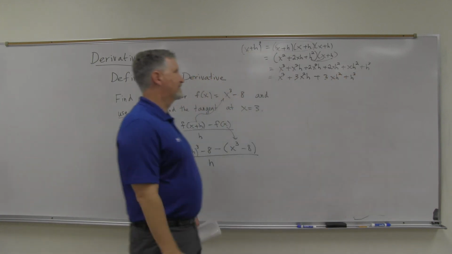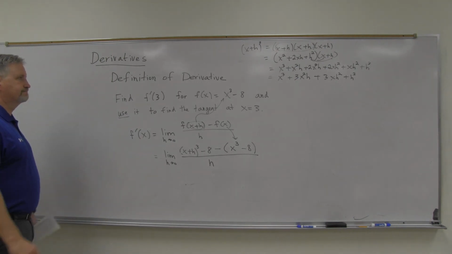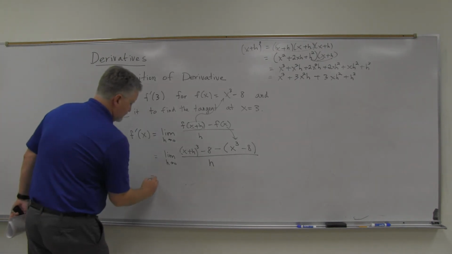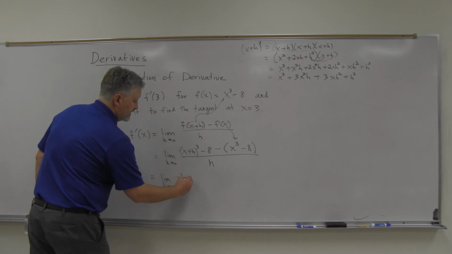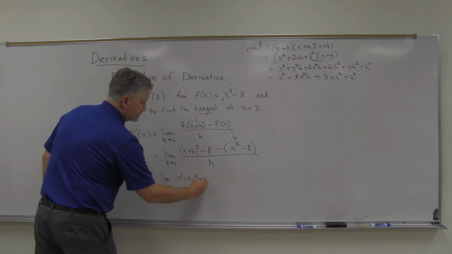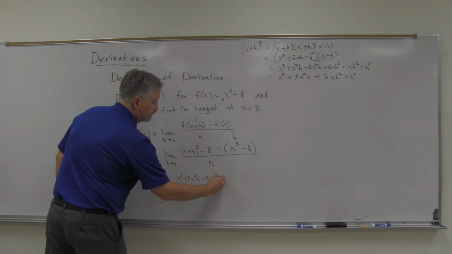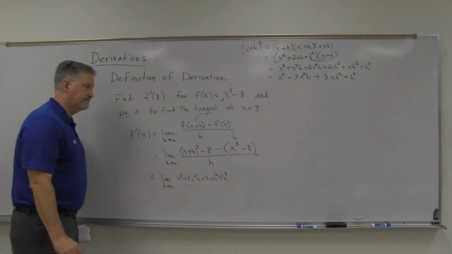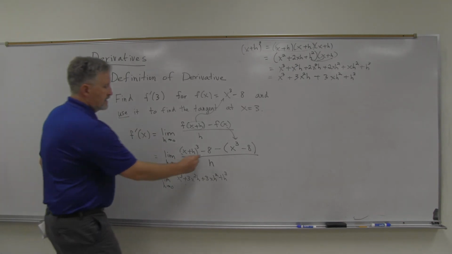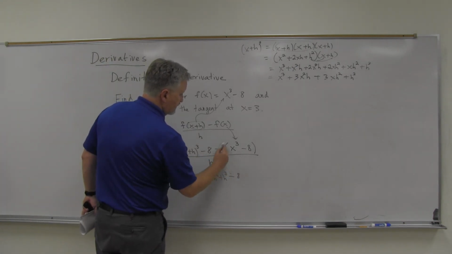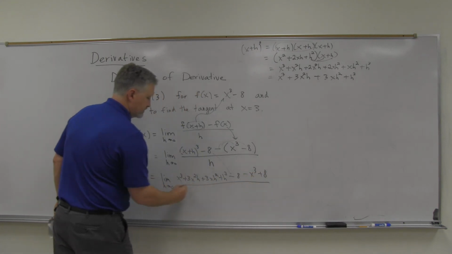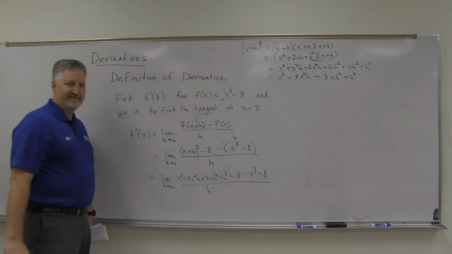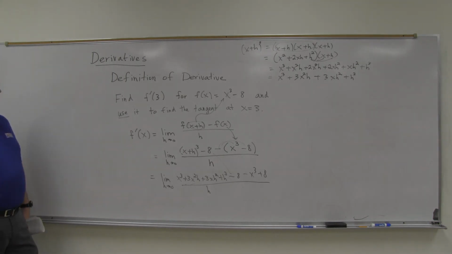So that's the cube of x plus h: x cubed plus 3x squared h plus 3xh squared plus h cubed. Then we've got the minus 8, and we distribute, so it'll be minus x cubed plus 8. One way to do this is to cube it all out and then bring those others down.